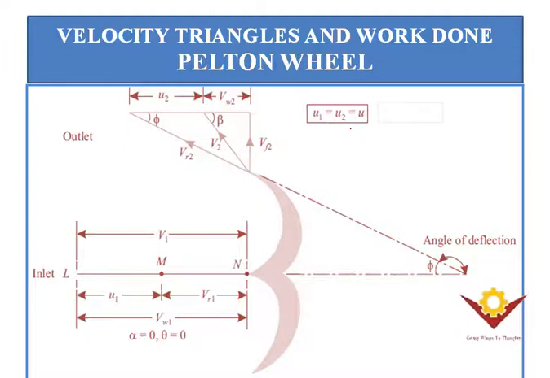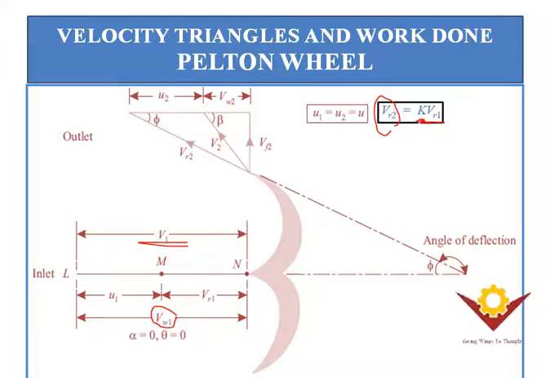Next we will see the relations. Here you can see one thing: VW1 is equal to V1 by this triangle, right? And next, Vr2 is equal to K into Vr1. What is this Vr2? The relative velocity at outlet, and this is your relative velocity at inlet.